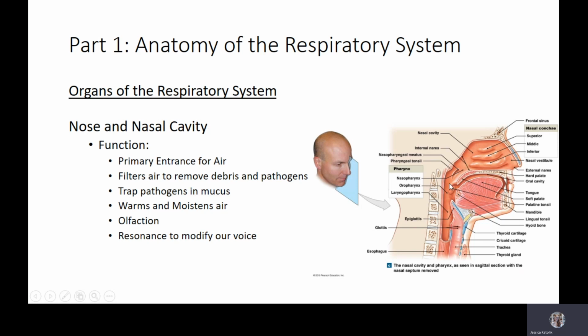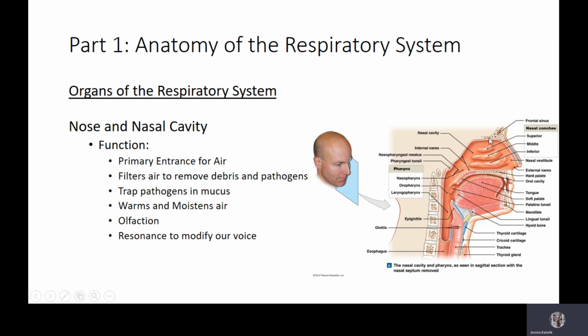We also can see the back of the throat, which in anatomy we call the pharynx. We have the esophagus, which is going to travel down to the stomach. We have the larynx, which is our voice box, and the trachea, which will carry air down to our lungs. Now that we're oriented a bit, we can talk about the functions of the nose and the nasal cavity.